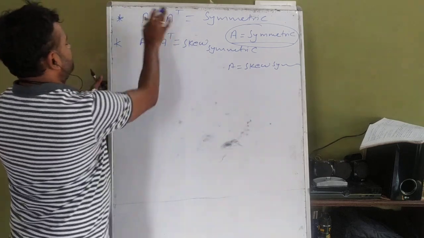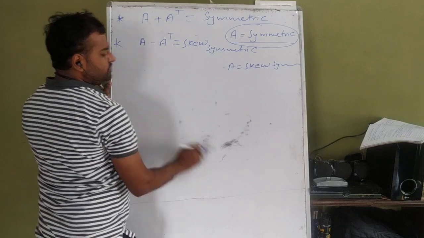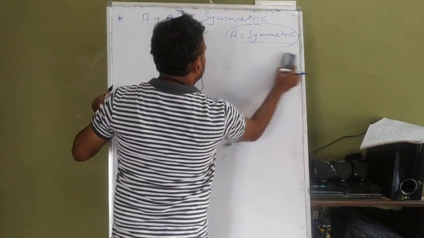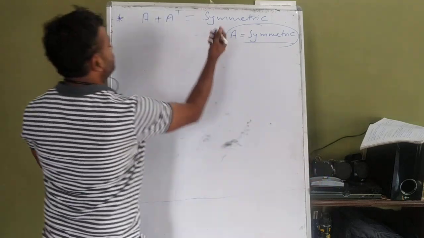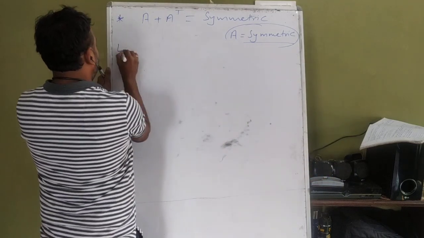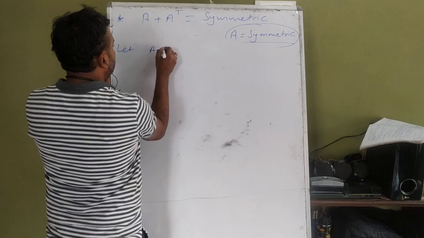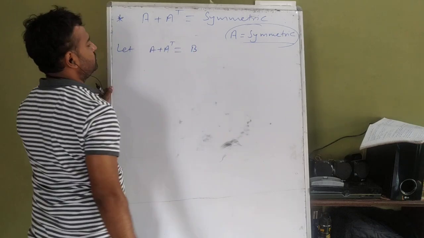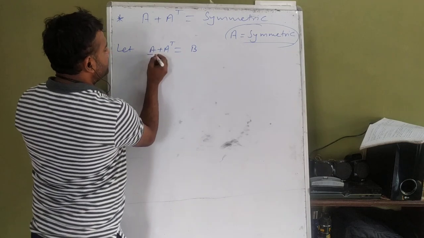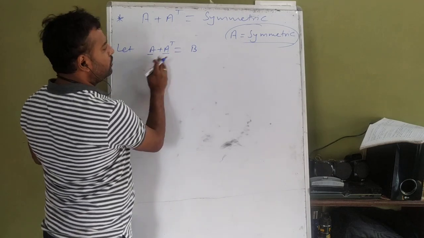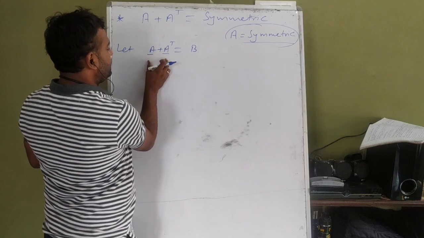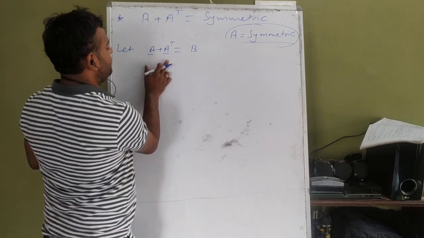Let us prove the first one. If A is symmetric, then we need to prove that A plus A transpose is also symmetric. Let A plus A transpose equal another matrix B. Here A is a matrix, A transpose will also be a matrix, and these two matrices we are adding, so definitely their order must be the same.